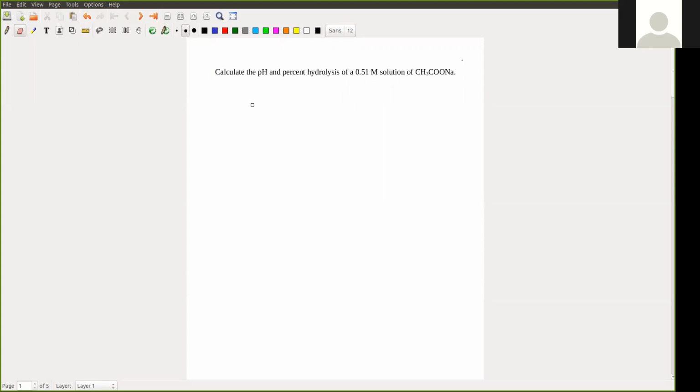So we start off with sodium acetate, CH3COONa, and that's going to completely dissolve into Na+ and CH3COO-.